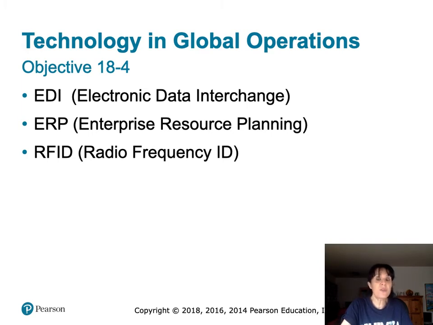When electronic readers scan the tag by means of radio waves, the data can be rewritten or captured and sent to a computer network database, which collects, organizes, stores, and moves the data, often in conjunction with an ERP system.